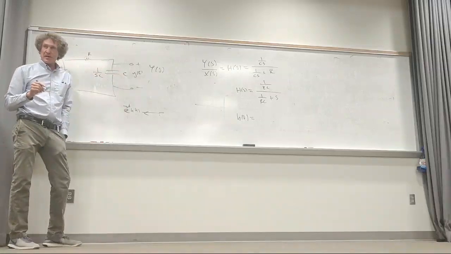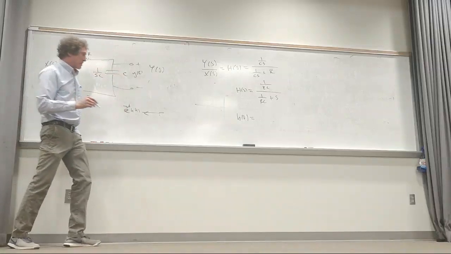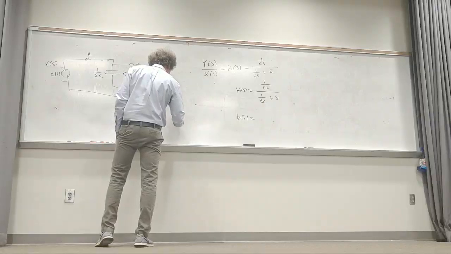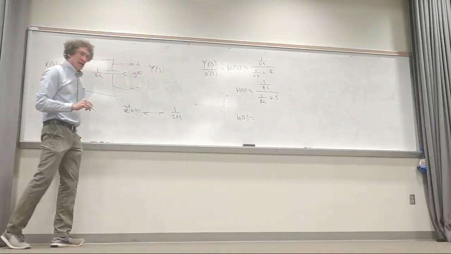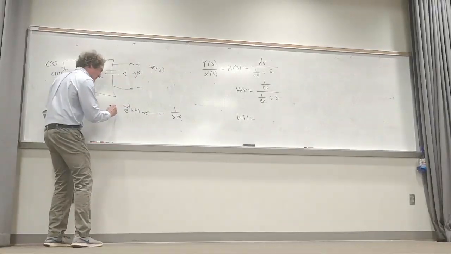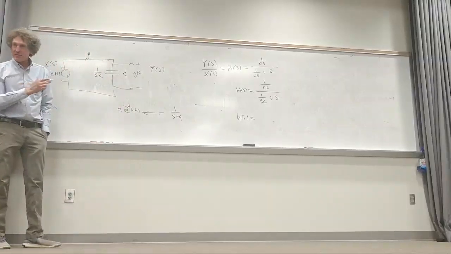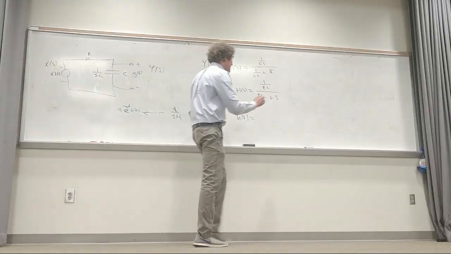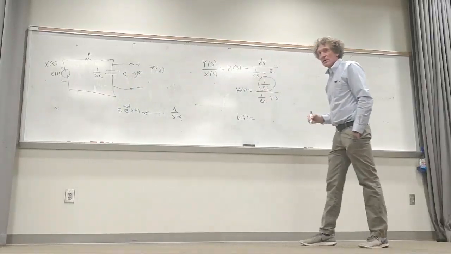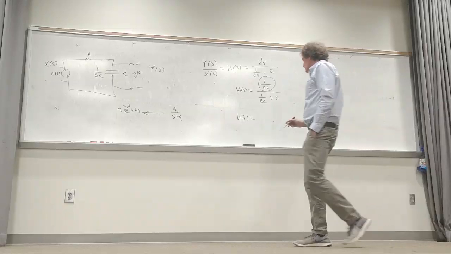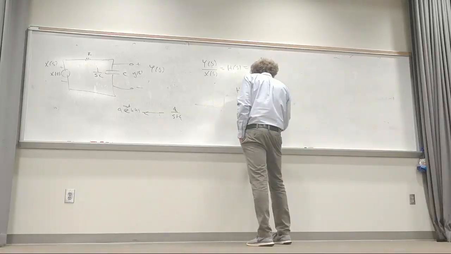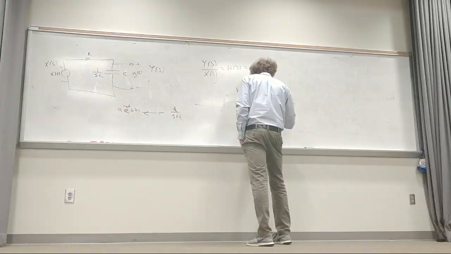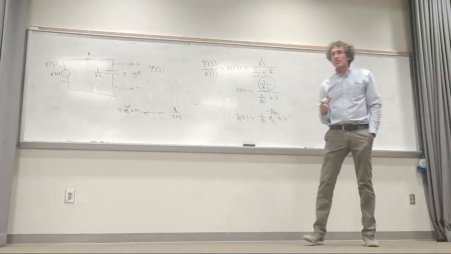In Laplace domain, 1 over S plus A, right? What if I multiply this by A, what happens? Other side, just A, right? Now, you see how A is 1 over RC? All right, so this is simply going to be 1 over RC times e to the minus T over RC times U of T. Do you all agree with that?